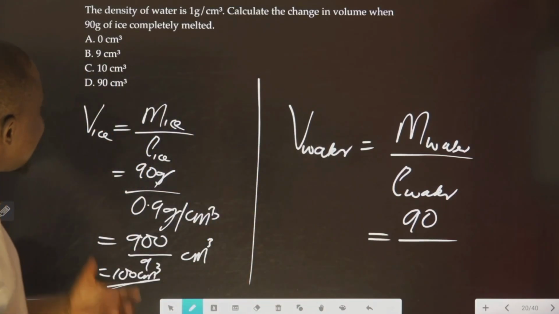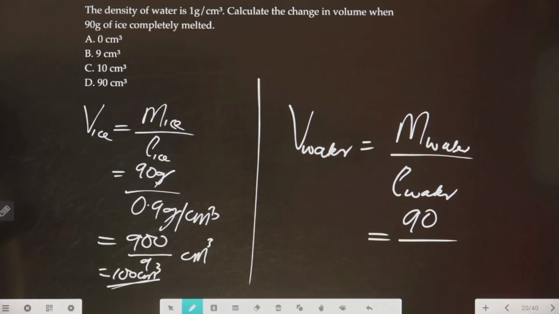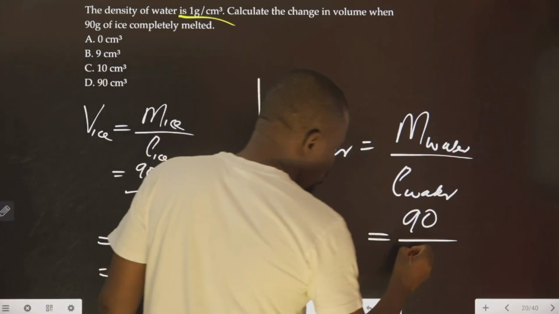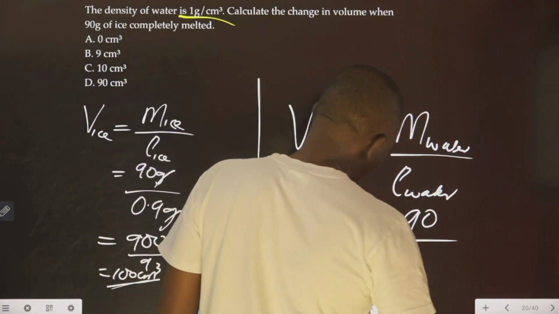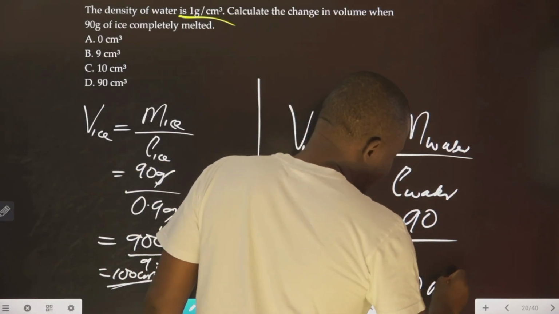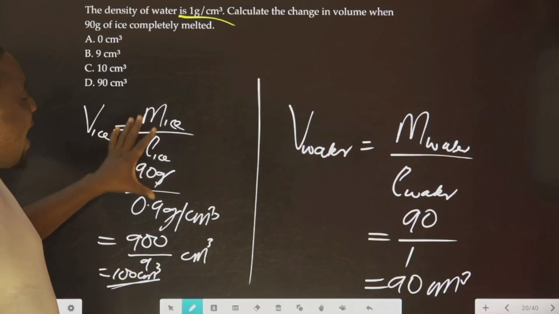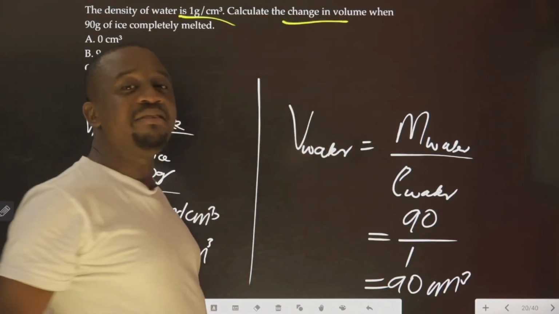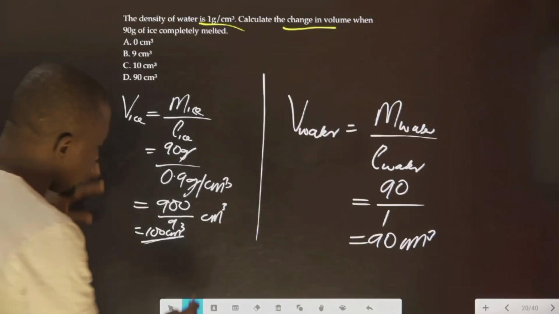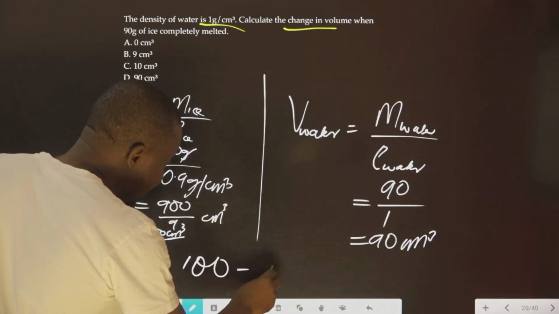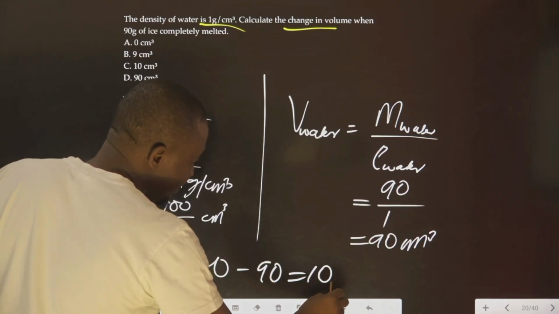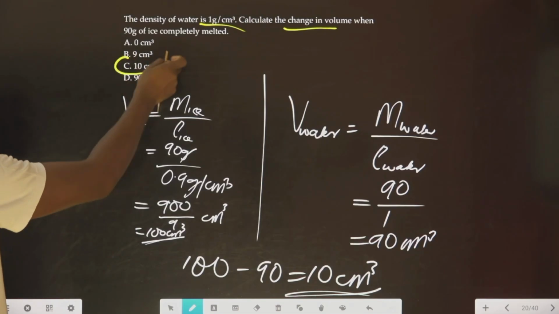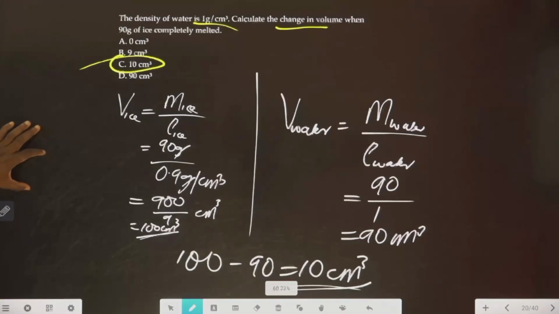But what is the density of water? The density of water was given to us specifically to be this. So that is put one here. You agree with me at the end of the day, you're going to have 90 cm cube. Okay? So we have that of ice, we have that of water. The question says change in volume, meaning what is the difference? It's 10 cm cube. Difference between these two. So C is the answer.